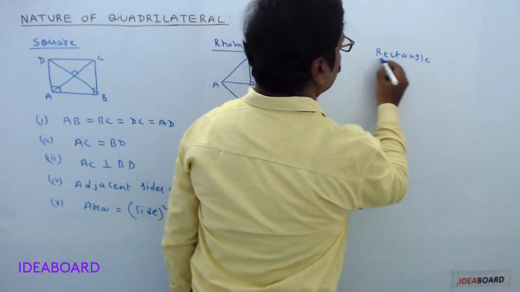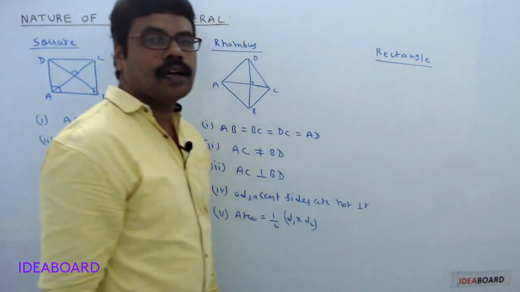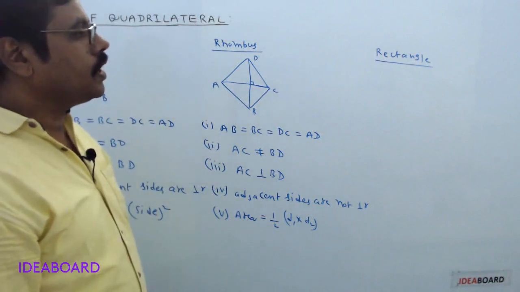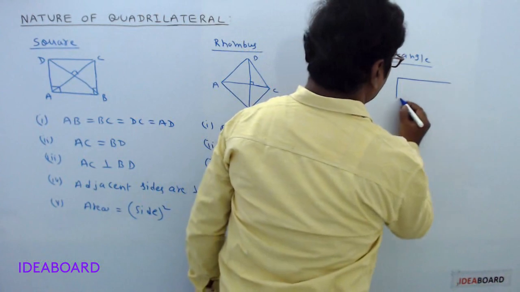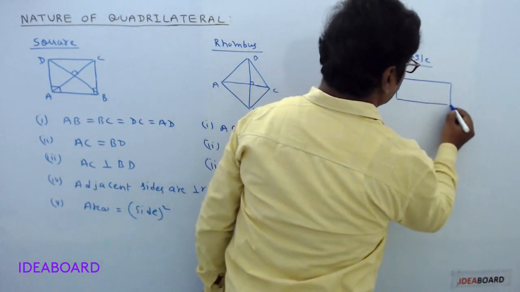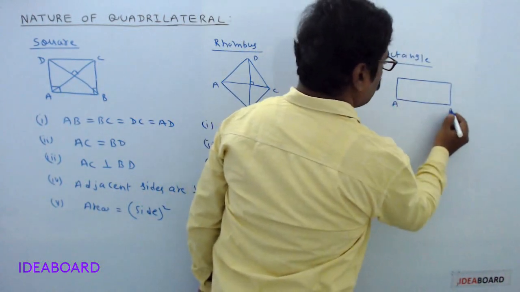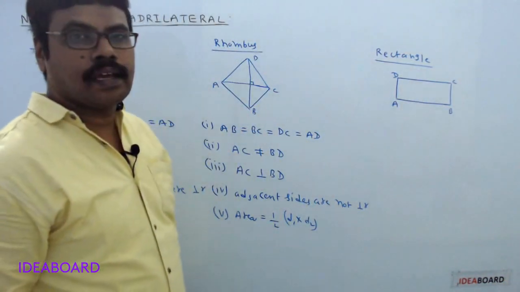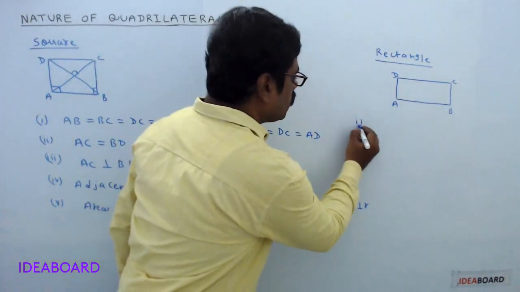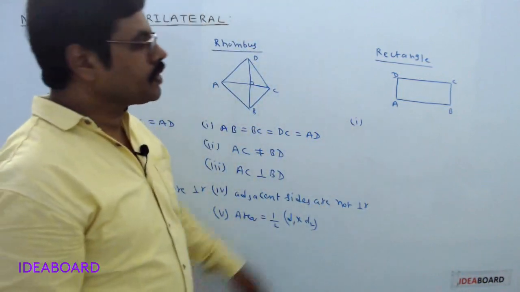Another quadrilateral, rectangle. Now what are the conditions in the quadrilateral rectangle? Suppose A, B, C, D are the vertices of a rectangle. Now come to the conditions in the rectangle diagram.